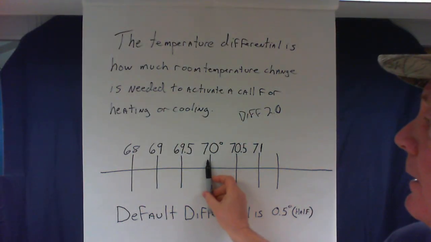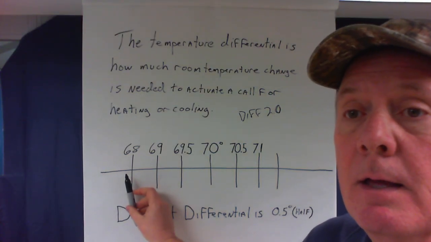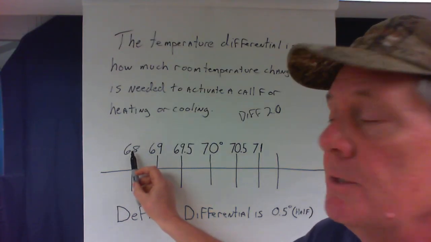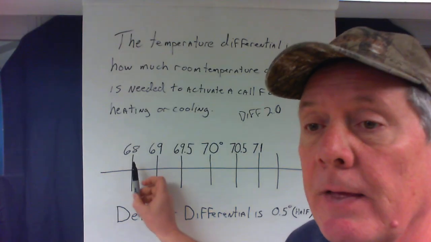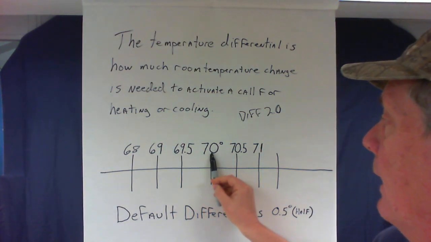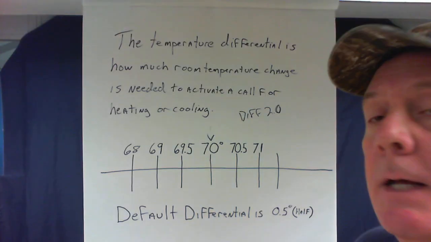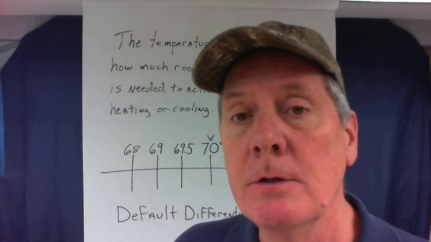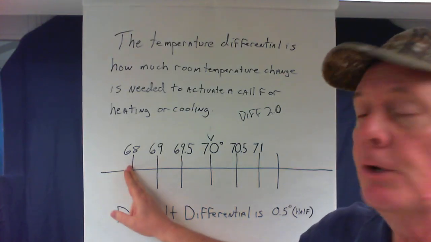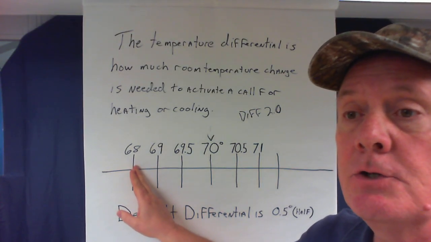So that means much more temperature drop is needed before it activates the call for heat. Once we hit the 68 degree mark, then the heat is turned on and it keeps running until it warms back up to 70, which is our set point. That's what we have the thermostat set for. So with a 2 degree differential, we need 2 degree temperature drop before the heat is turned on.